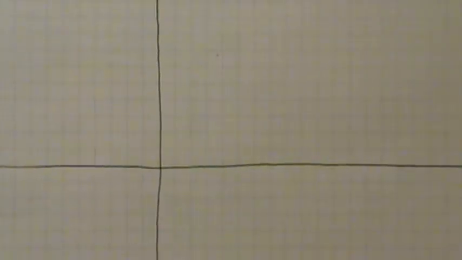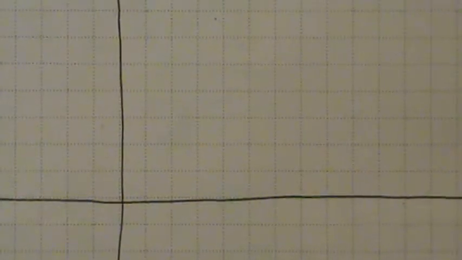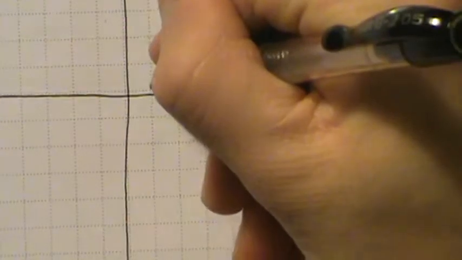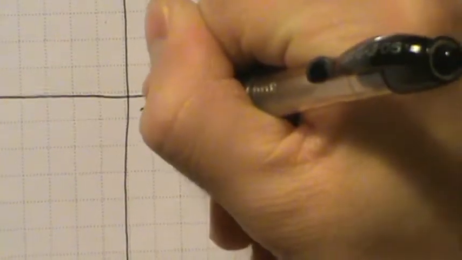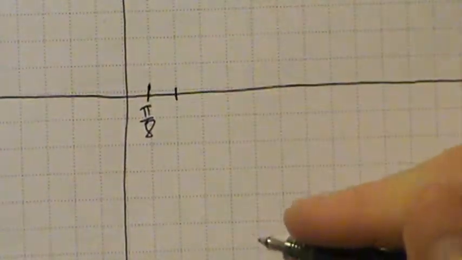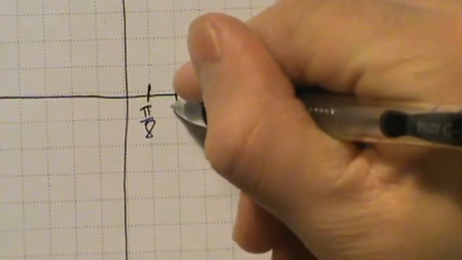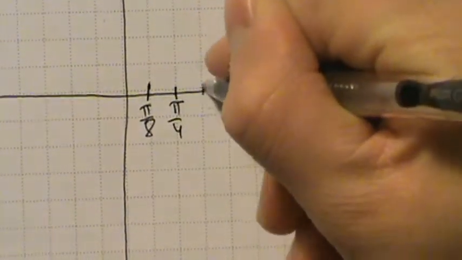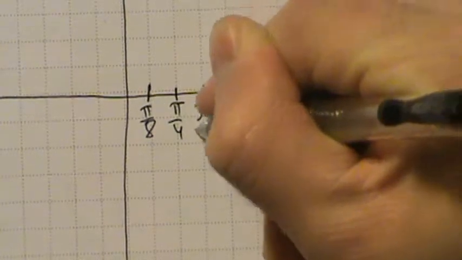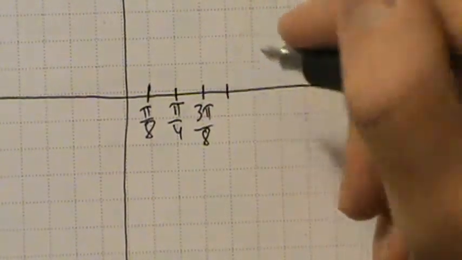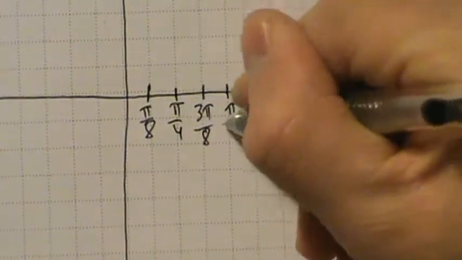Okay, so getting back to this. Our x-axis scale is going to be pi over 8. So this here is pi over 8. This next one is 2 pi over 8, which simplifies to pi over 4. This next one is 3 pi over 8. This next one is 4 pi over 8, which simplifies to pi over 2.